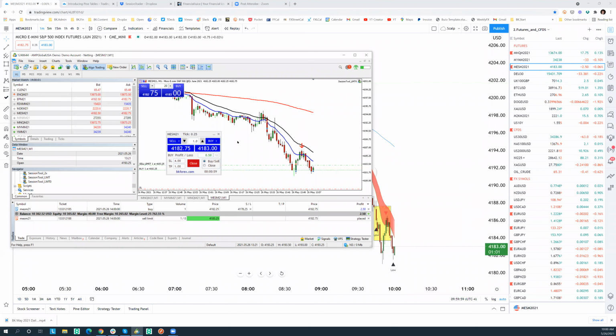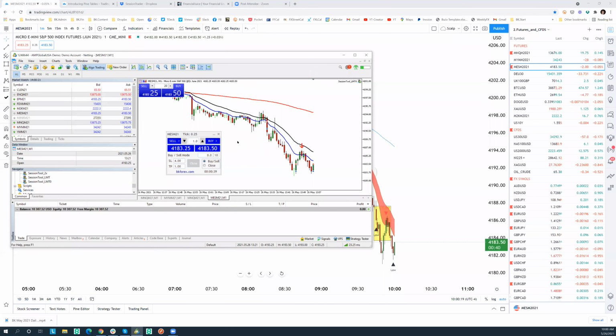Okay, I'm scalping for a point. 83.25 is my target. Let's see if I can get it for a point. There we go.